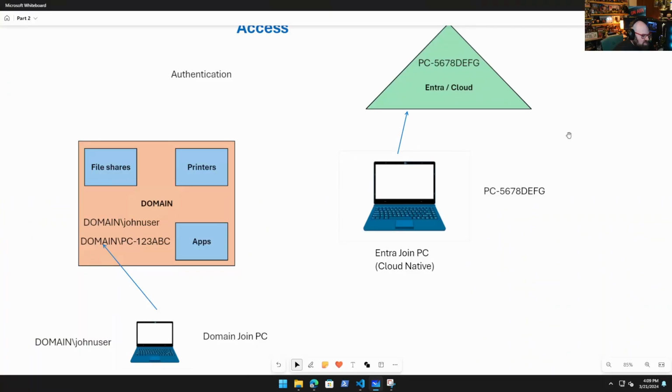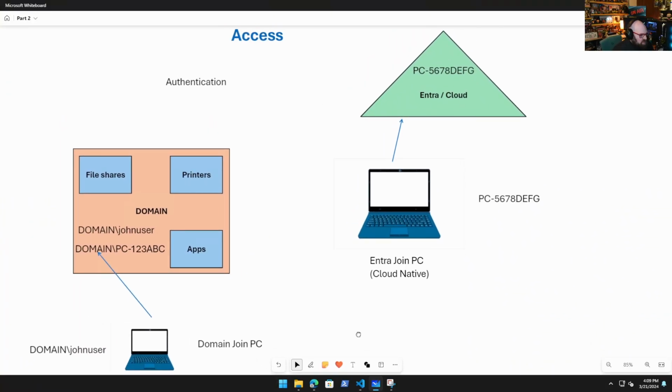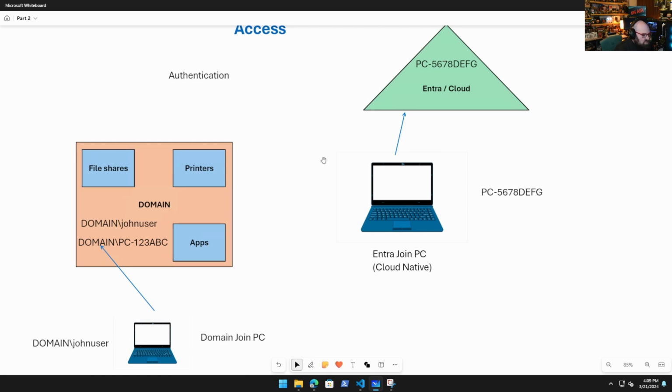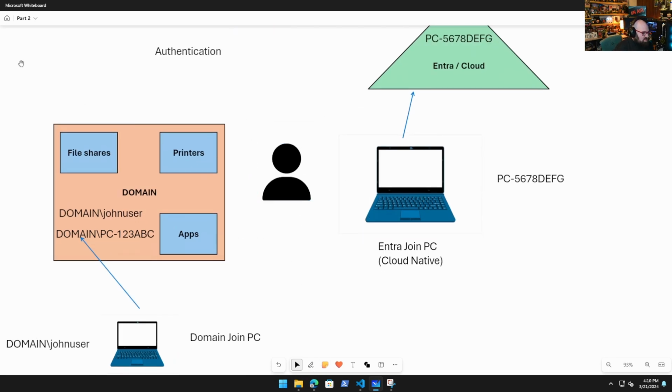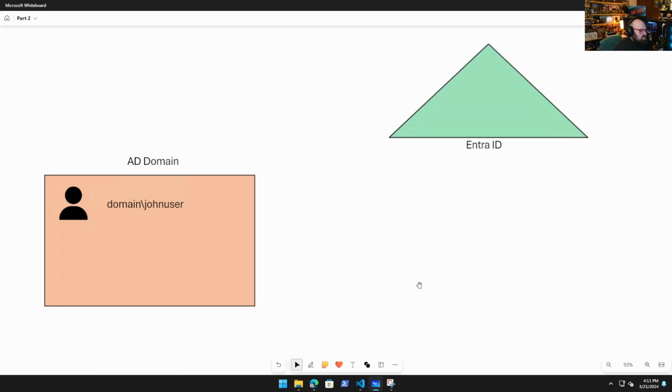So where's my glue? What am I missing here between these two things? I'm missing the idea of the user. Okay, so this is a user. Today, most of us are in a hybrid environment because of Office 365. What the hybrid environment means is if your domain's down here, you have this piece that is Entra Connect, also known as Azure AD Connect or AD Connect. This is responsible for syncing these two things.